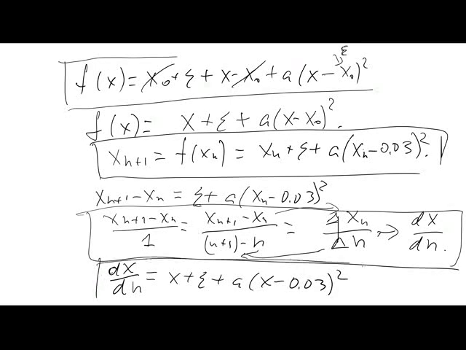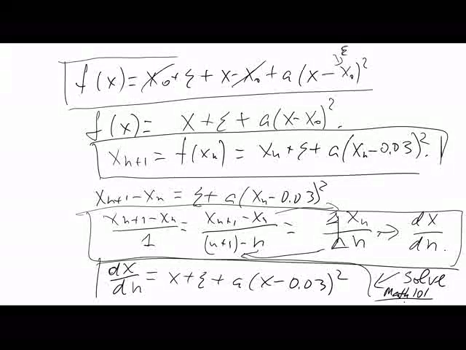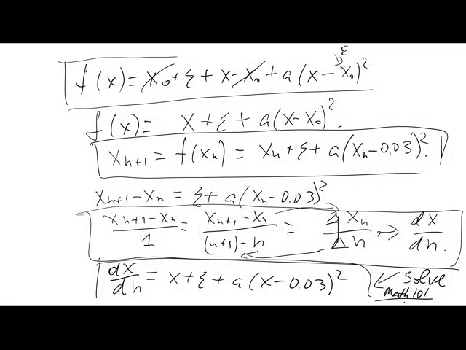And this is the differential equation for x. You're supposed to solve it. It is a math 101 problem, generally. Good. So I will not solve it here. You will do it yourself, but I brought it to this point, at least.